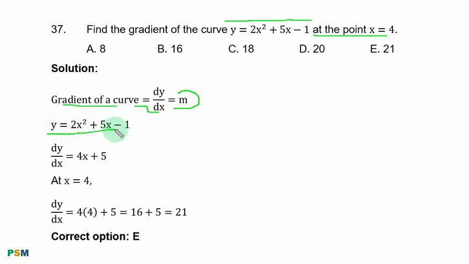You have the curve, so the gradient is equal to 4s plus 5. You differentiate using power rule of differentiation. At s equal to 4, you come here and replace s with 4. So the gradient becomes 4 times 4 plus 5. That is 16 plus 5 equal to 21. The correct option is E.